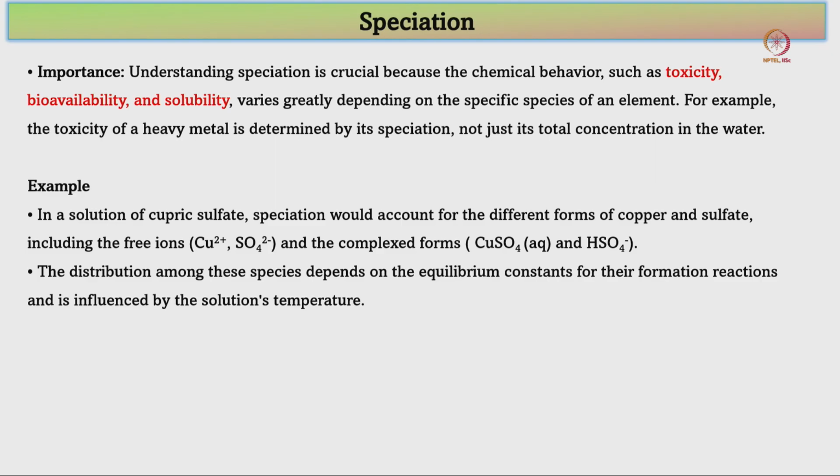When we are going to do a speciation calculation, these few parameters are extremely important to have data of. One is temperature, second is pH, third is the redox potential, that is you can either have the pE value or you can have the Eh value.